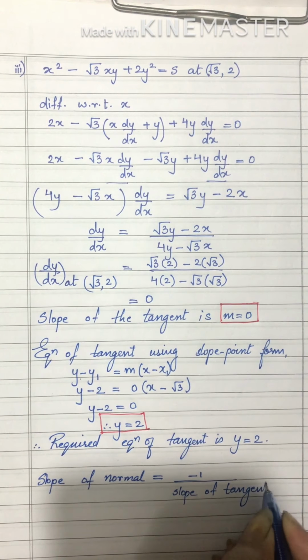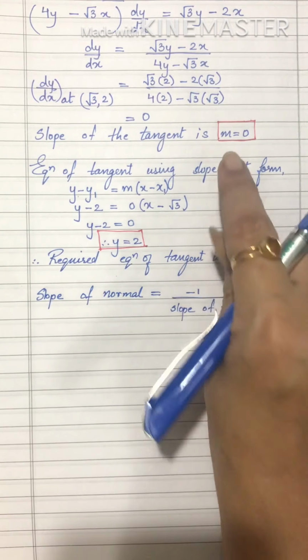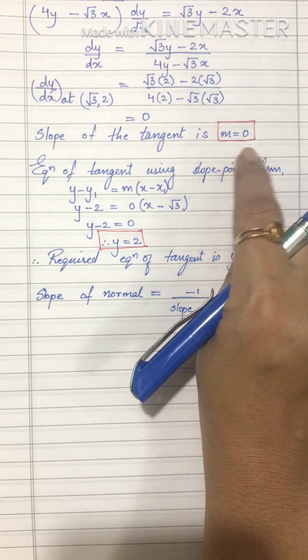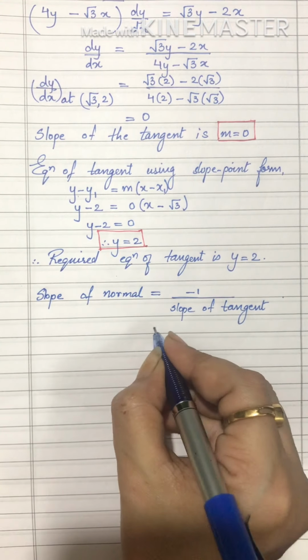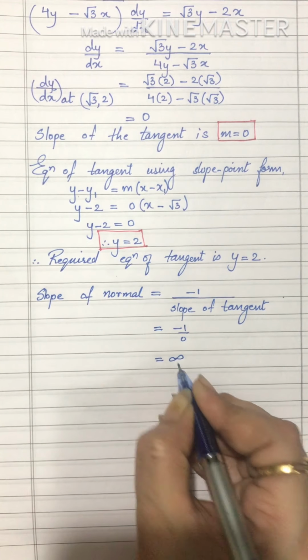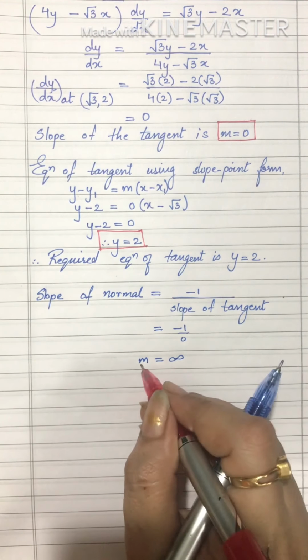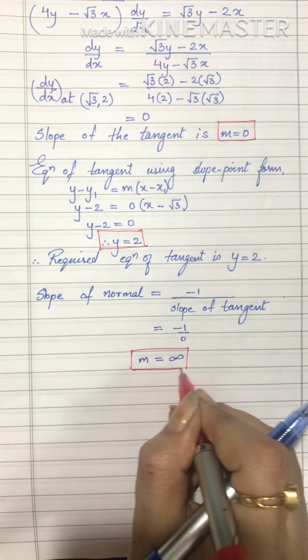Okay, so let's see how we solve it further. So here we have slope of tangent as 0. When we substitute it here, we will get minus 1 upon 0, that is infinity. Fine, so m is equal to infinity is our slope of normal.